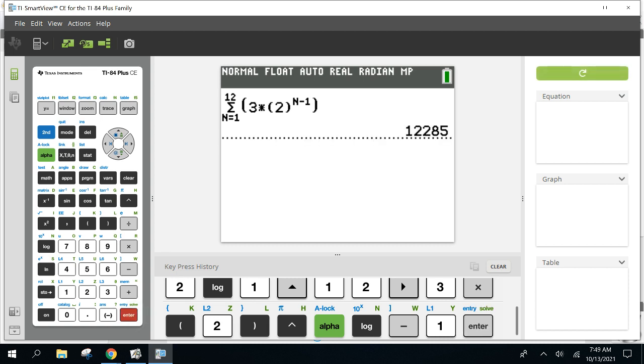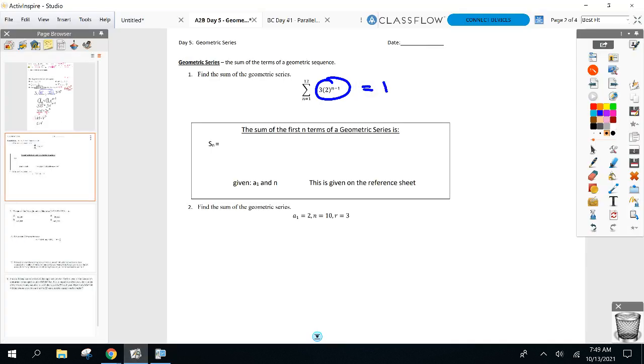And there we go, 12,285. Hopefully we're all getting that on the calculator. Questions from you guys? All right, just wanted to review one real quick.